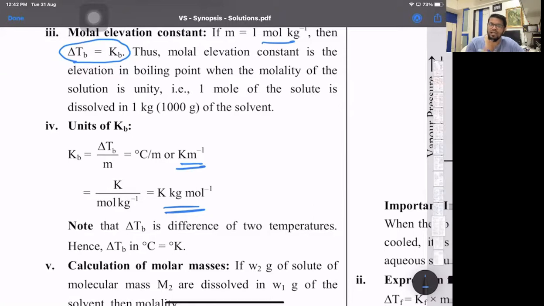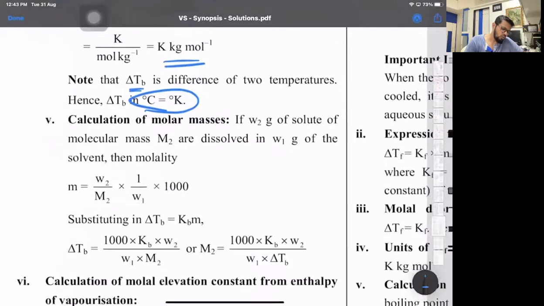And remember, delta TB is the difference in the two temperatures. Do not get confused. Normally we have boiling point in degrees Celsius and you convert it to Kelvin, but the change, delta TB, will remain the same whether you keep it in Kelvin or in degrees Celsius. It's a change only.